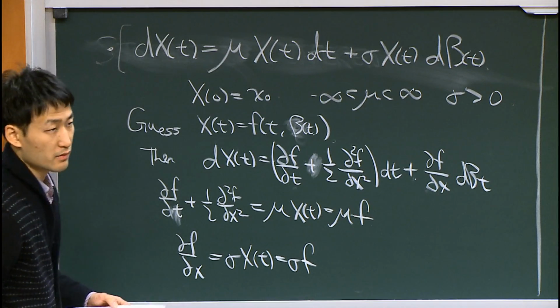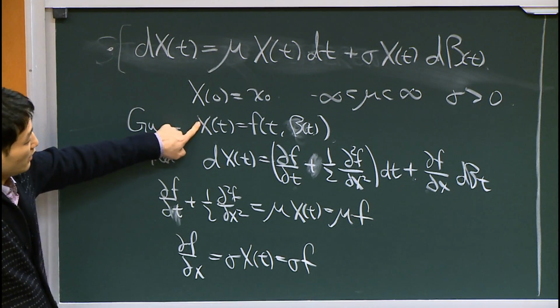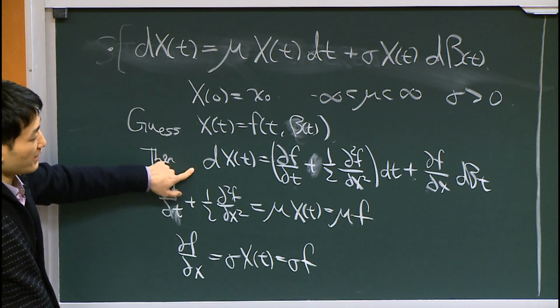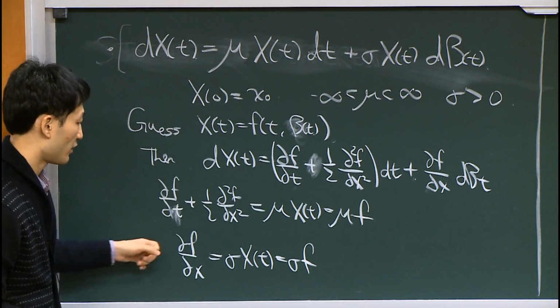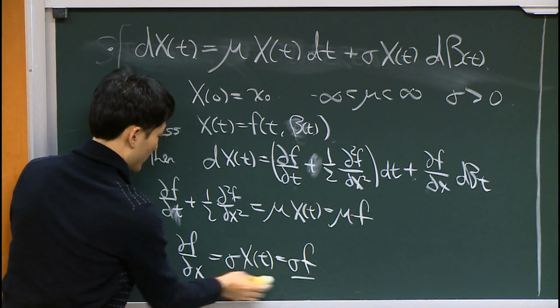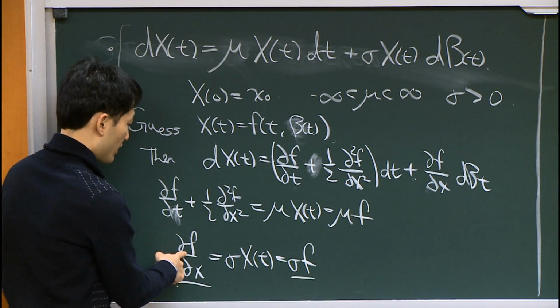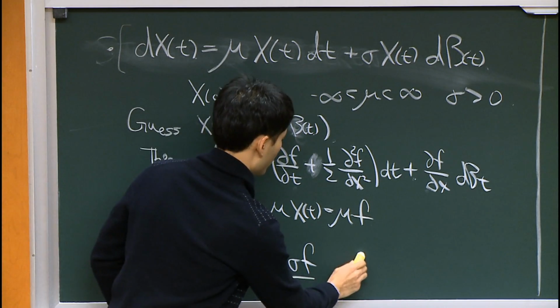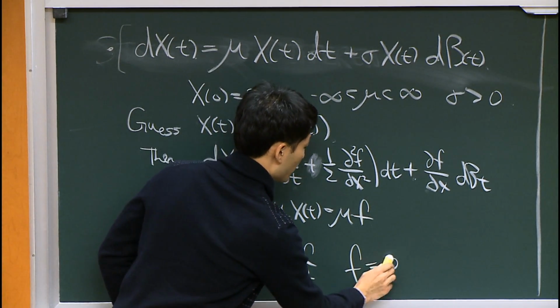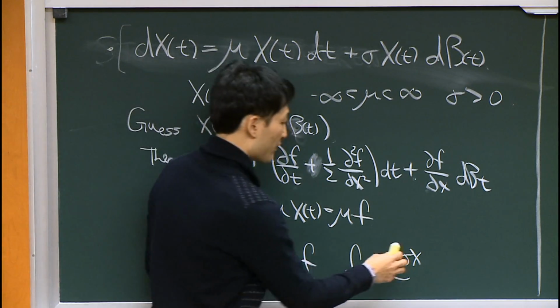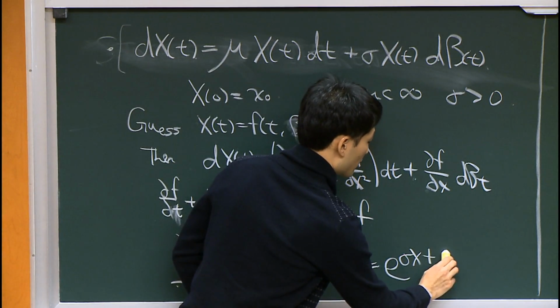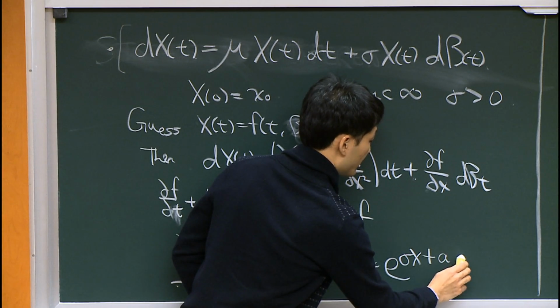So we assume that this is a solution, then differentiate it, and if that's a solution, these all have to match. You get this equation. Now if you look at that, it tells you that f is an exponential function in the x variable. So it's e to the sigma times x, and then we have a constant term, plus some a times a function of t.